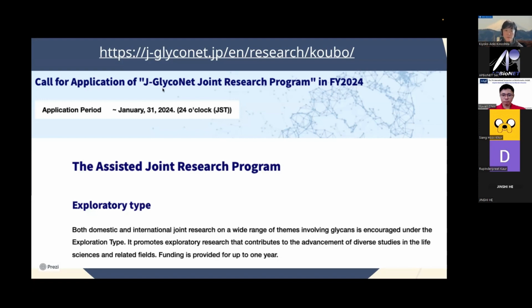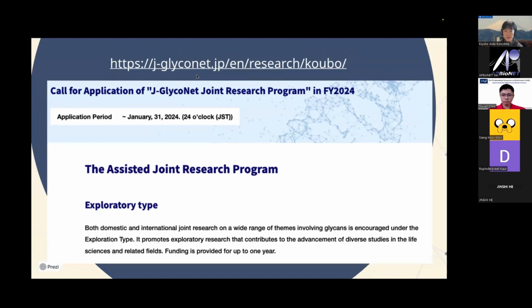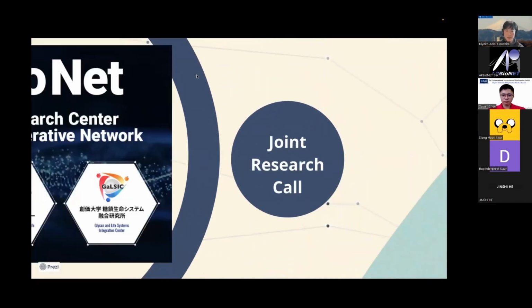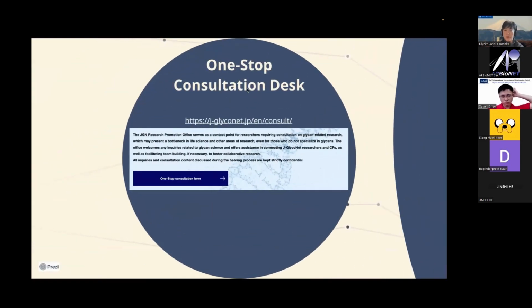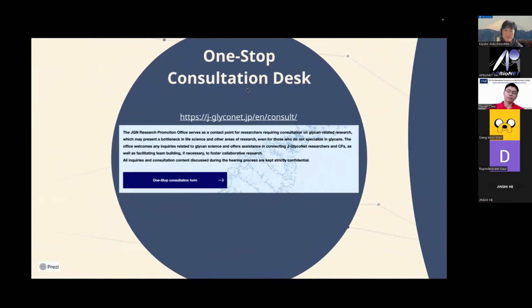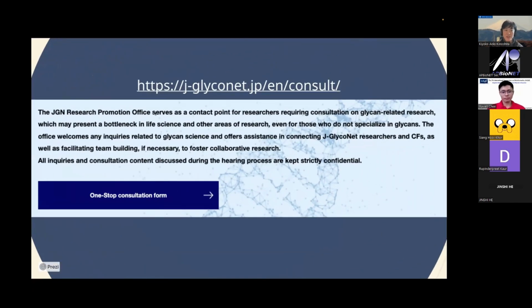Of course I'm a member of the JGlycoNet, but there are also many other members in JGlycoNet. So you can go to the one-stop consultation desk, or you can ask me, it's fine. This consultation desk is a contact point for any researchers who want consultation on glycan-related research. You can fill in this form, and everything will be strictly confidential.